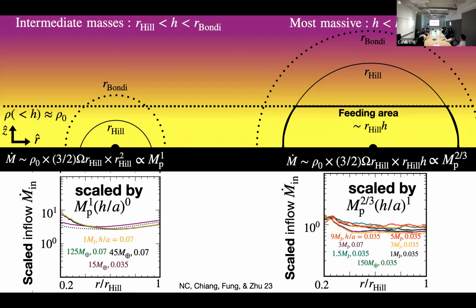At higher masses, this slightly weaker scaling comes from the fact that these planets are so big now. They're so big that their Hill sphere actually exceeds the vertical height of the disk, the scale height. So this is a cartoon of the cross section of the disk, and the planet can reach all of this stuff at very high altitudes. Its sphere of influence reaches up there, but the density falls off past the first scale height super quickly.